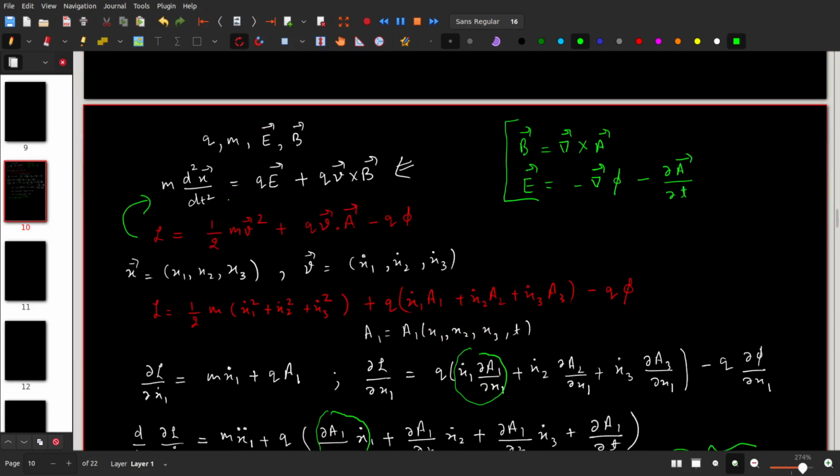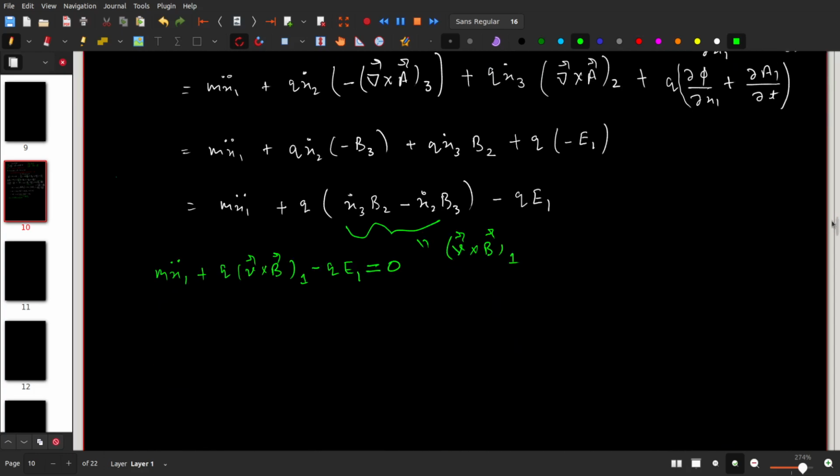So if we take the first component of this equation of motion, we will get mx1 double dot equals q times the first component of the electric field, plus q times the first component of v cross b, which is the same as this equation, except that we are getting a negative sign here.